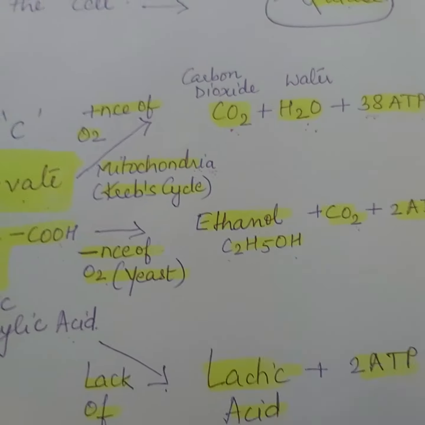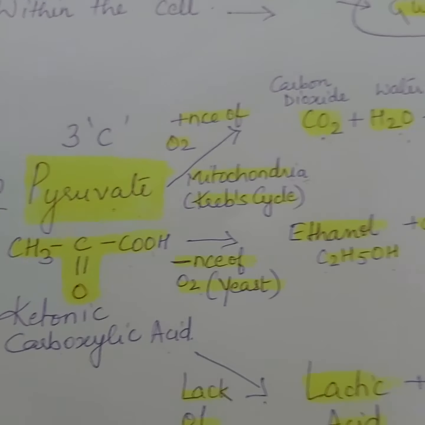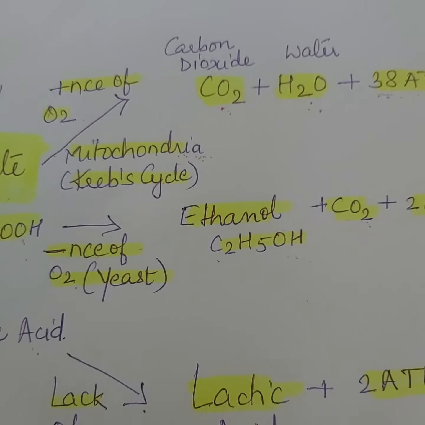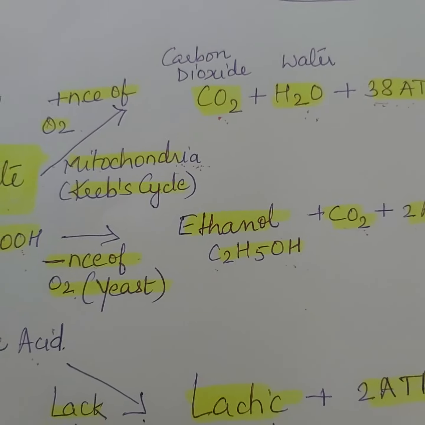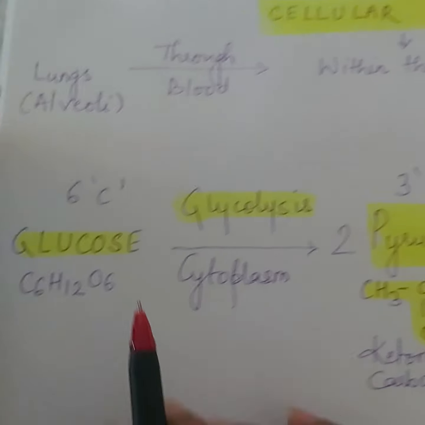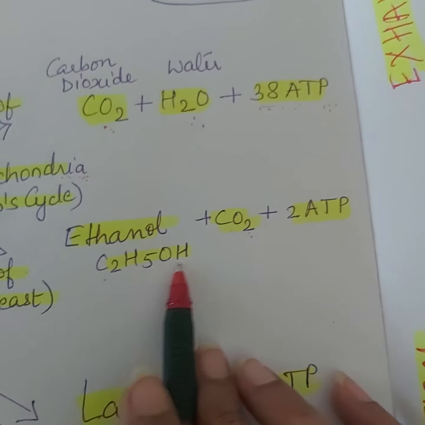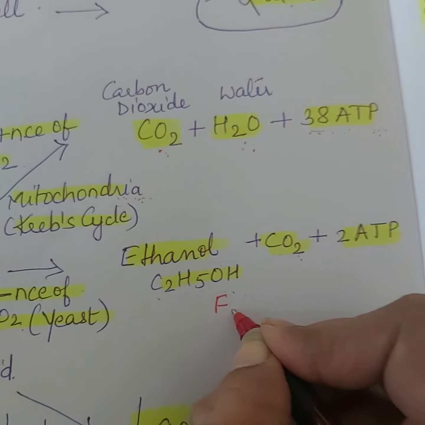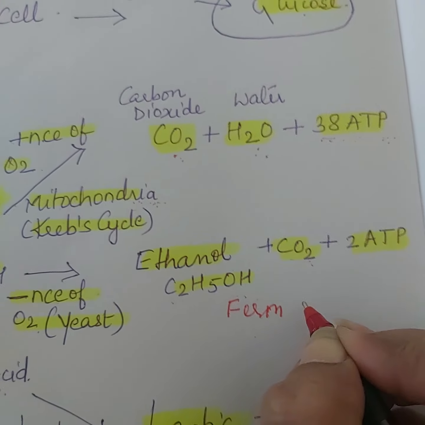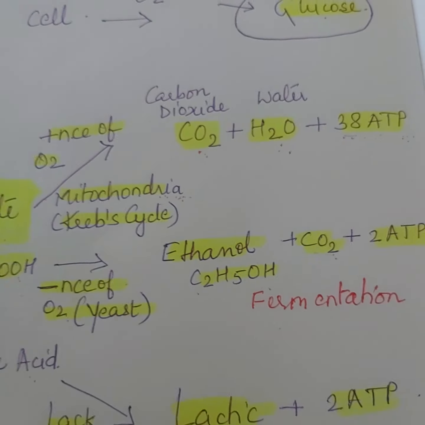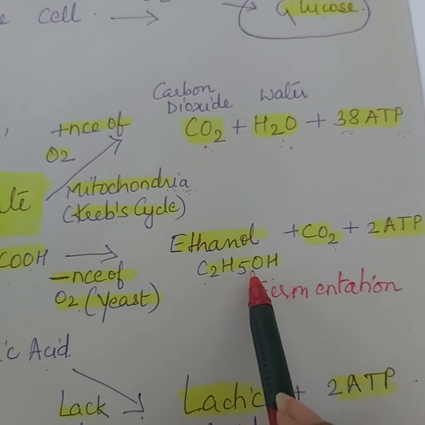So this is incomplete breakdown of pyruvate, and you can see the end product formed is an alcohol, that is ethanol. So this reaction where the breakdown of sugar leads to production of an alcohol, it is called a fermentation reaction. Okay, fermentation reaction leads to formation of an alcohol.